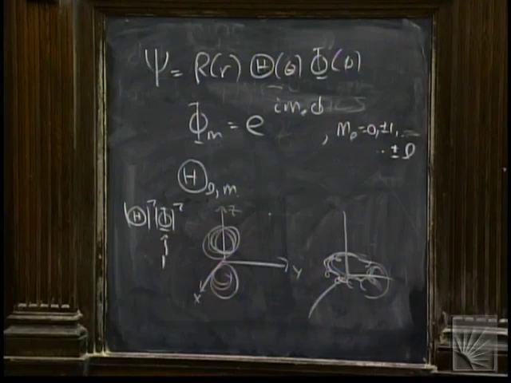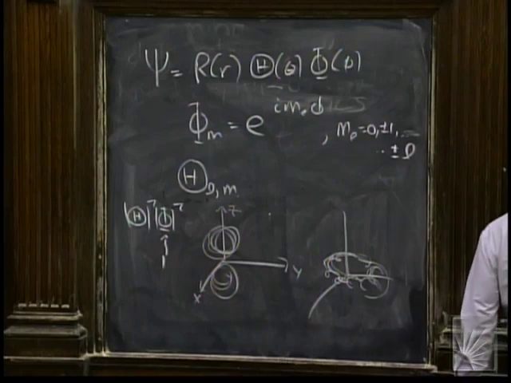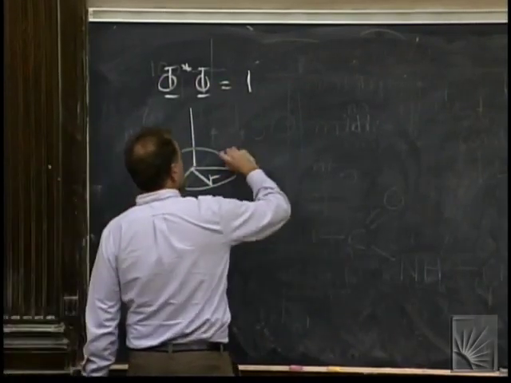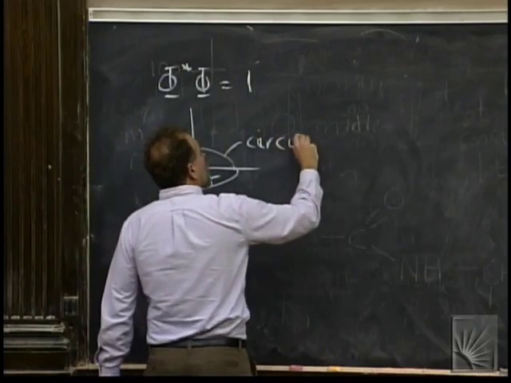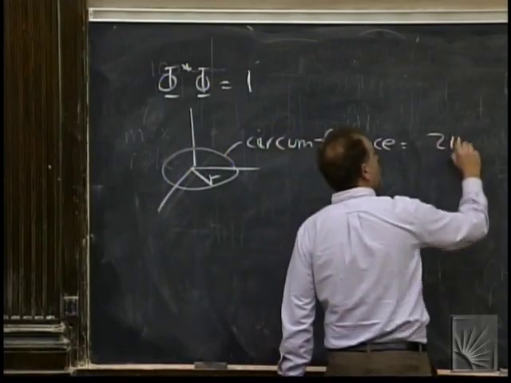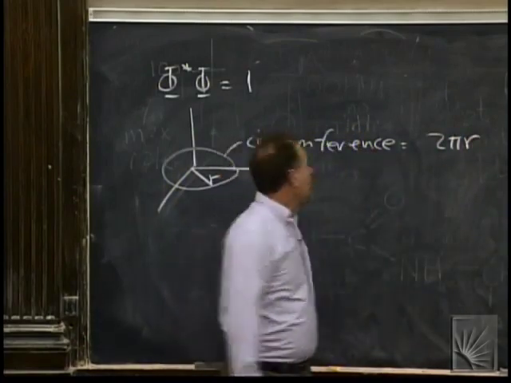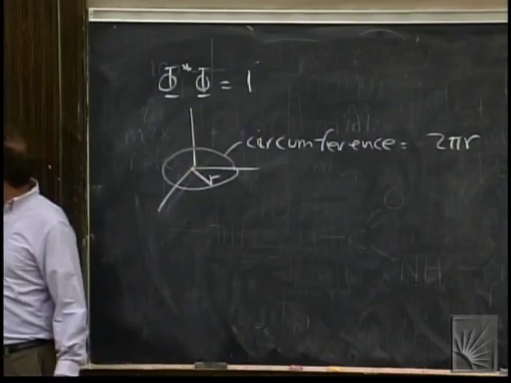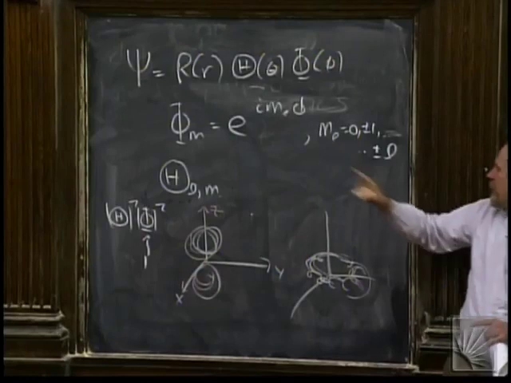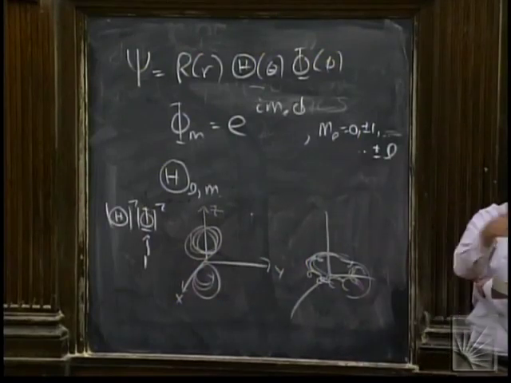So let me make a hand-wavy argument as to what that phi represents, and then I'll make a hardcore technical argument. Okay? The hand-wavy argument is, if I'm sitting here in the plane with a radius r, if I go around once, the circumference is equal to 2 pi r, obviously. And in e to the i m sub l phi, if m sub l is 1, that means the phase changed by 1.